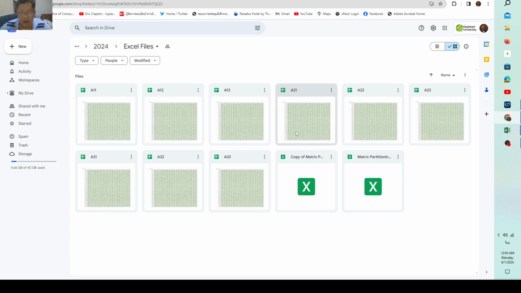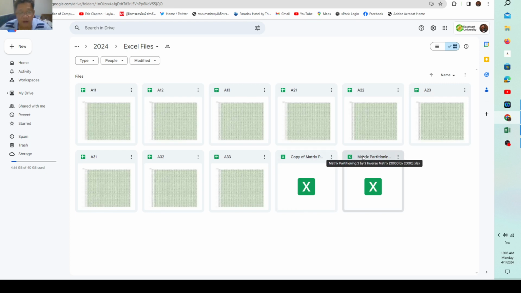And then we also have a copy of the matrix file. This one is for 2 by 2, solving linear equation, and this one is one matrix partition for the inverse of the 2 by 2 system. As an illustration of all in one.